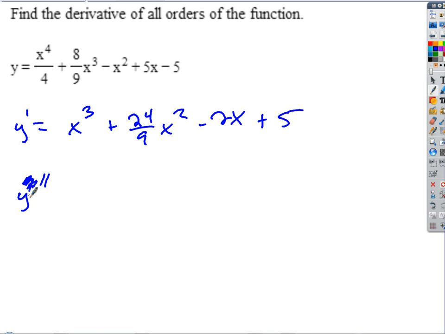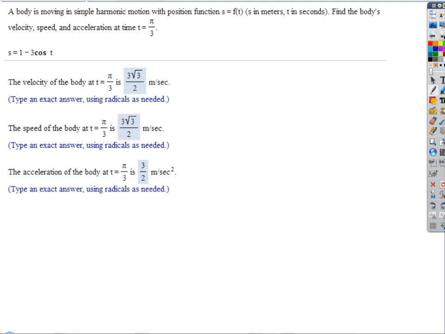So you just keep going with the prime. The 3 times x squared, so that would become 3x squared, right? Plus, et cetera, and then if I did y triple prime, that's just going to be 6x plus, see what I'm saying? You're breaking it down. Okay?